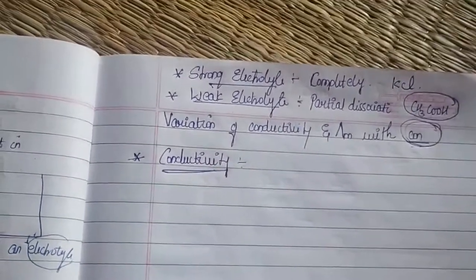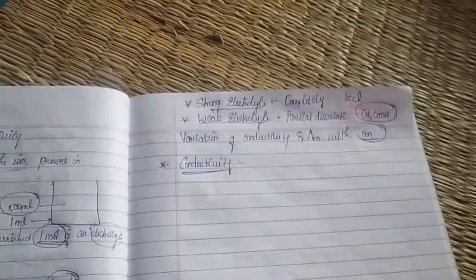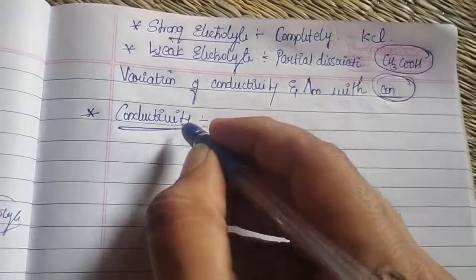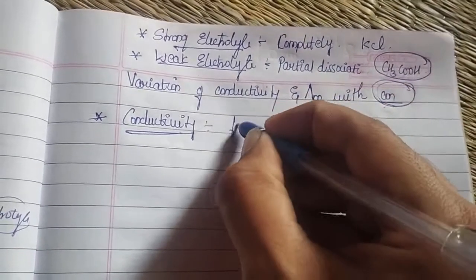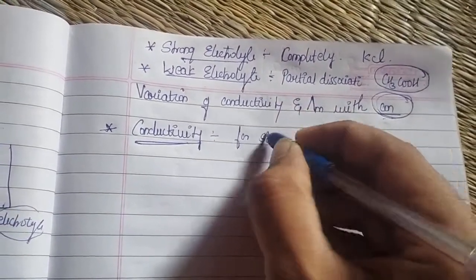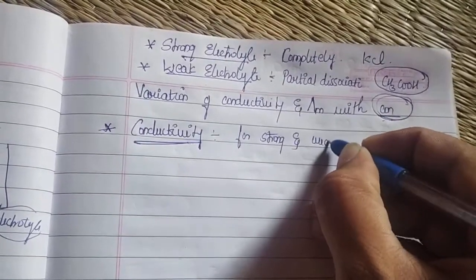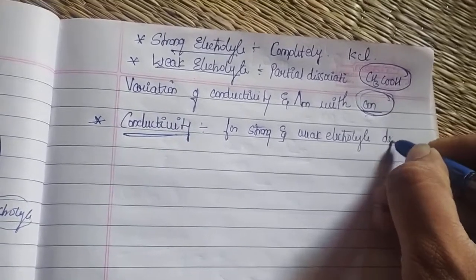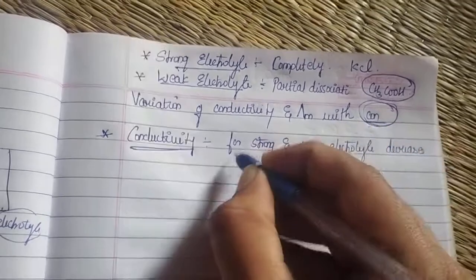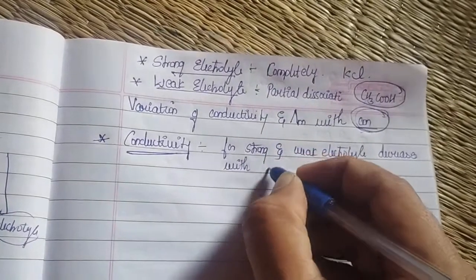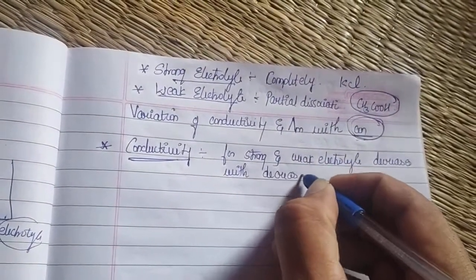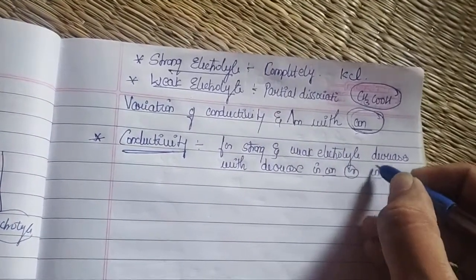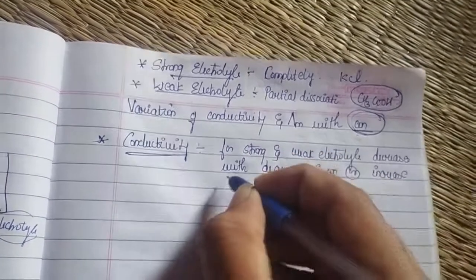When you deal with a strong and weak electrolyte and change their respective concentration, they say that the conductivity for strong and weak electrolytes decreases with decrease in concentration, or in simple words, increase in dilution.